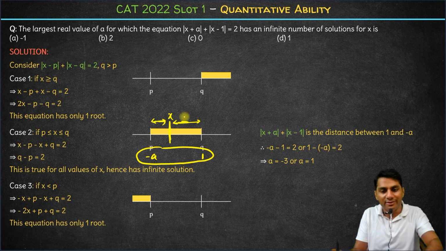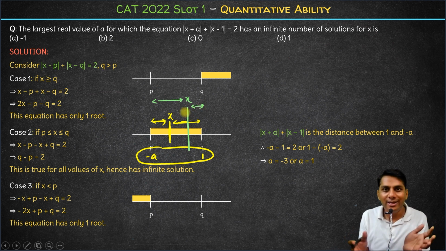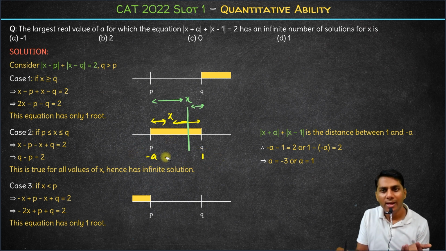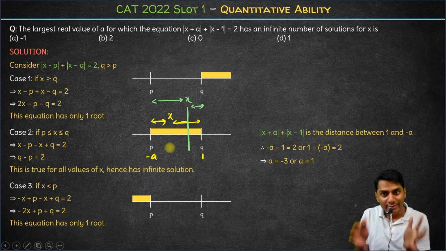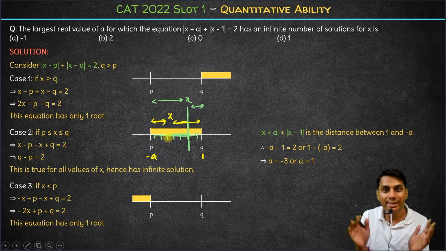This plus this distance, or even if you take x over here, you are basically adding this distance plus this distance. So in any case, what you are effectively calculating is the total distance between minus a and 1, right? And this distance will always be same wherever you take x in this range. So for any value of x, the distance will always be same.